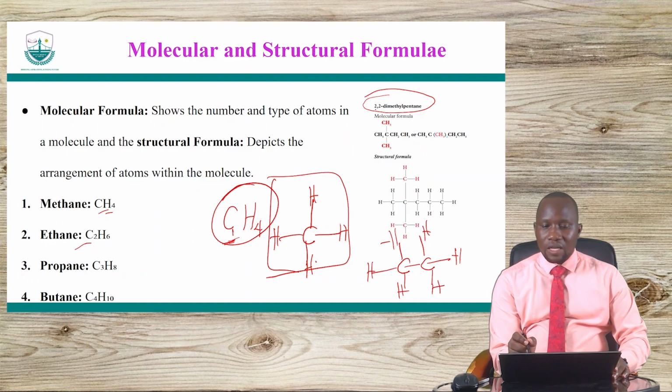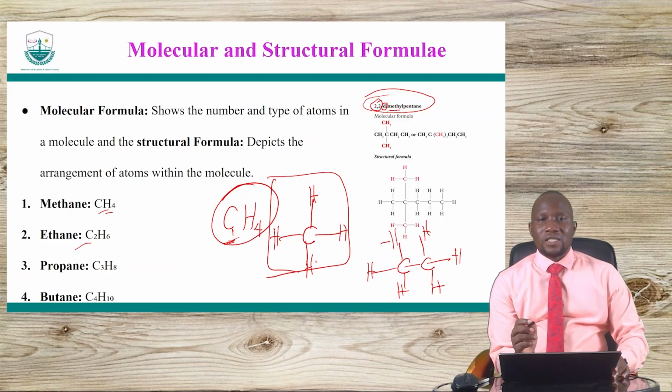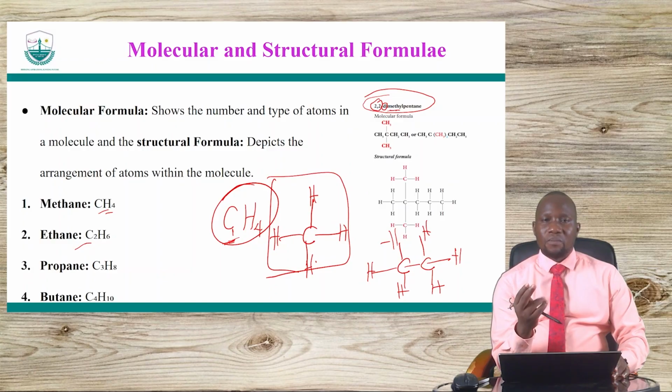The numbers give you the position of the branching, the prefix tells you how many branchings there are, and then methyl or ethyl tells you what has branched. Ethyl means 2 carbon atoms, methyl 1 carbon atom. And then the total number of carbon atoms, pent.